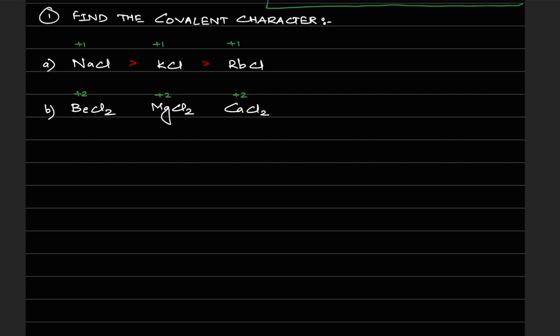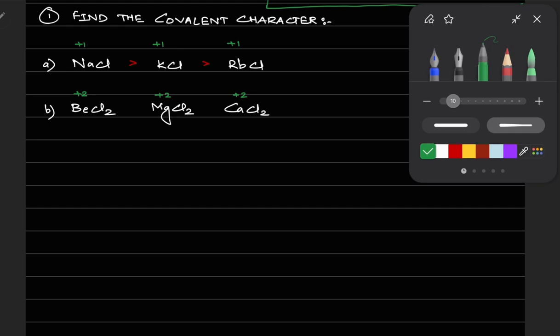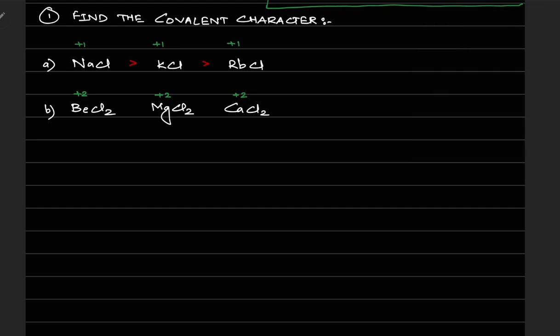We know beryllium will have the smallest size, followed by magnesium, followed by calcium. The question might come, how do we know this? We know this by looking at the periodic table. As we move down the group, the number of shells increases, so the size also increases.